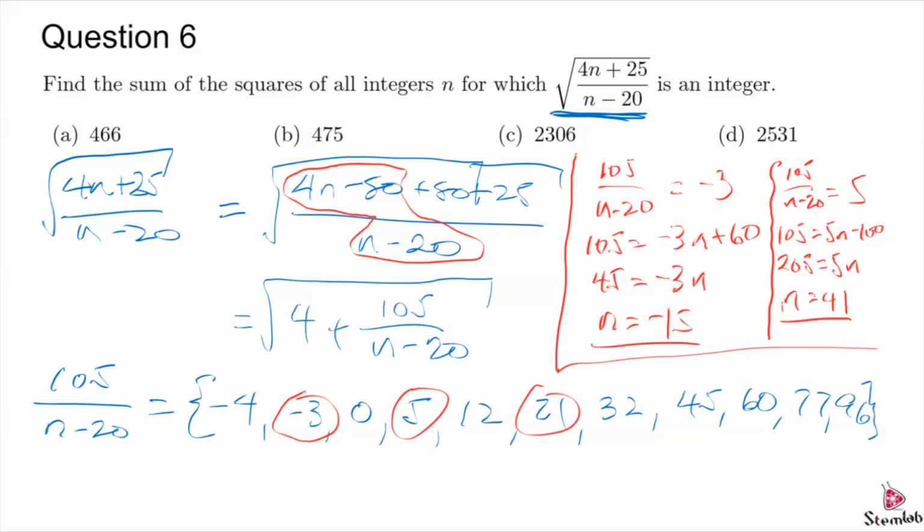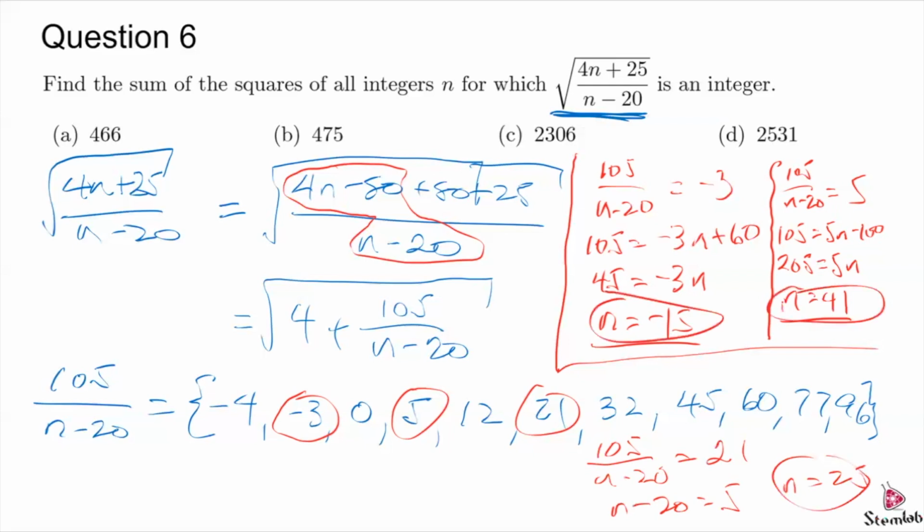And then the last one, 105 over n minus 20 equals 21. Hopefully it's obvious that n minus 20 should be 5. So n minus 20 equals 5, and n equals 25. Those are the only 3 values of n that will satisfy.